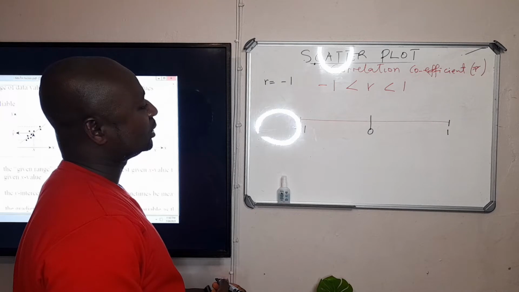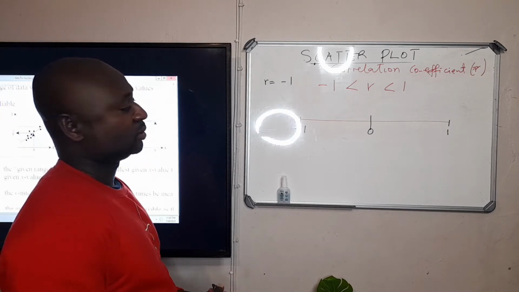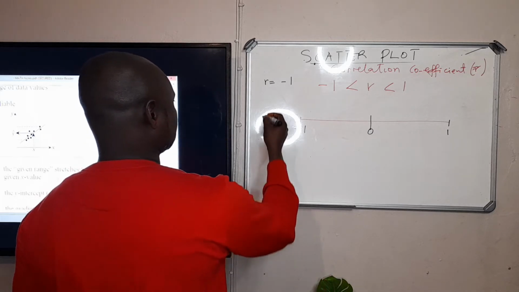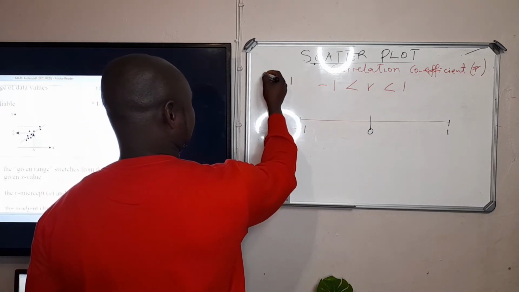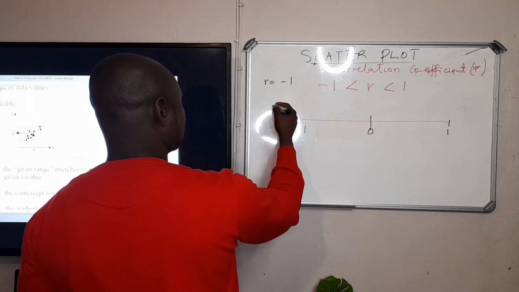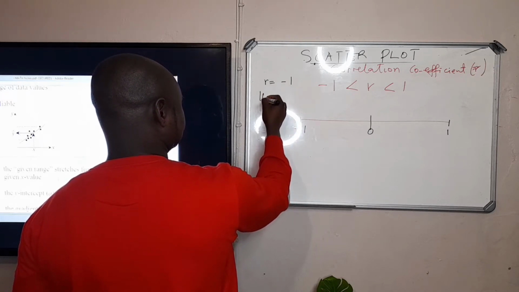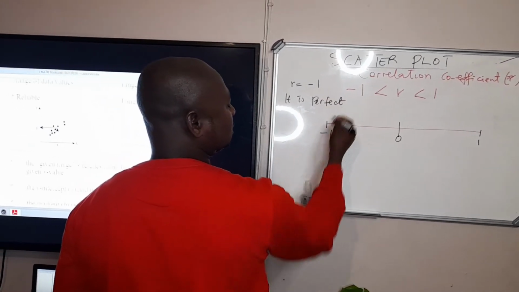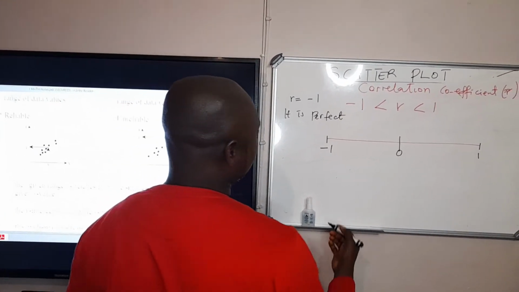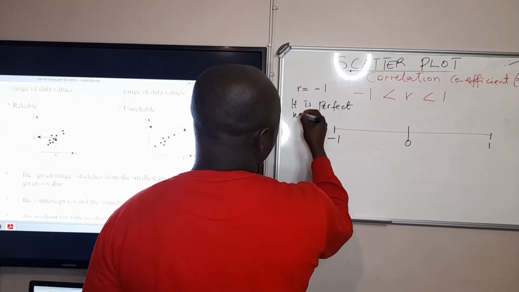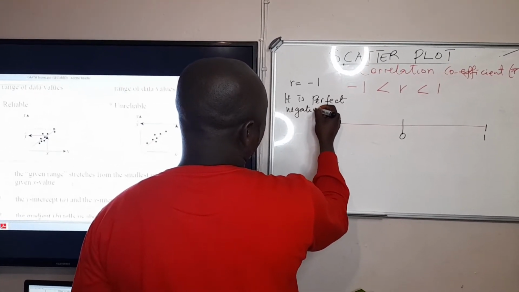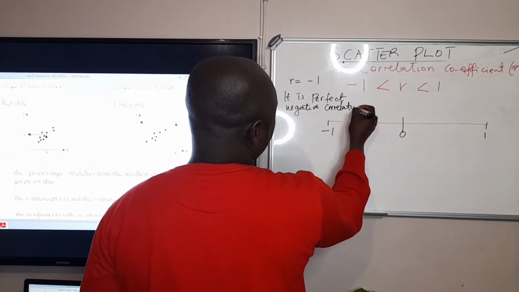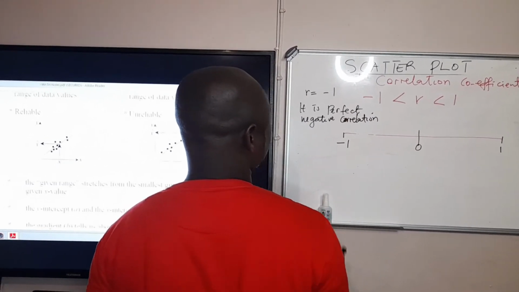So once you calculate it and the answer is equal to -1, when you are going to give any description to talk about R, you will say it is perfect negative correlation.